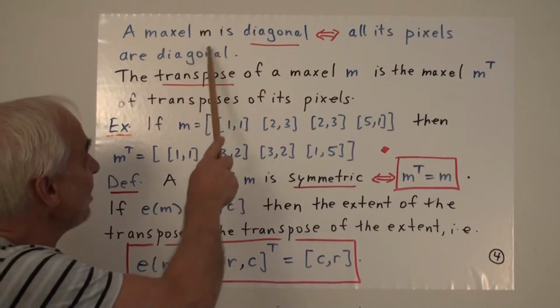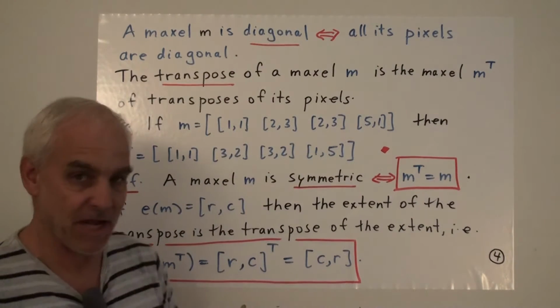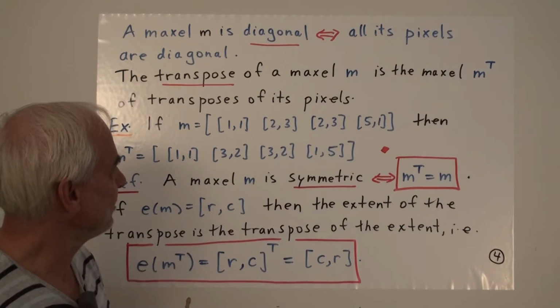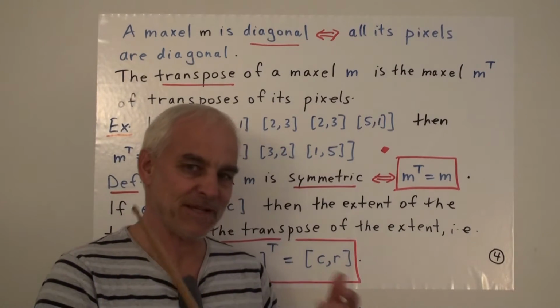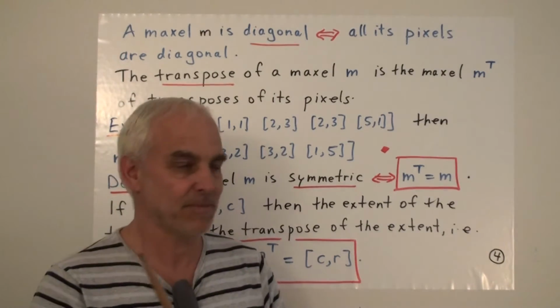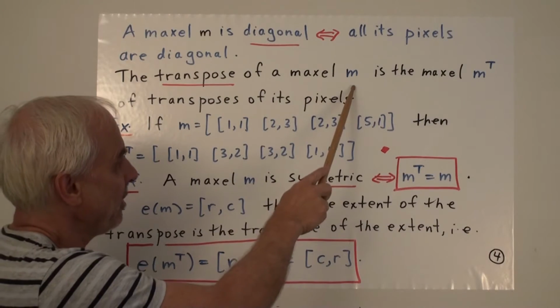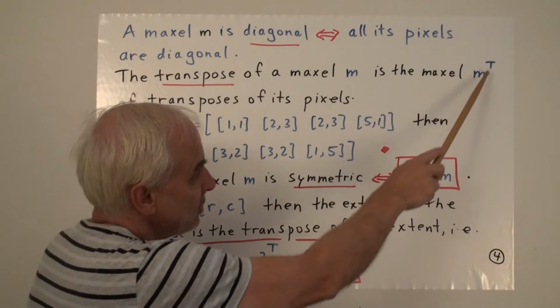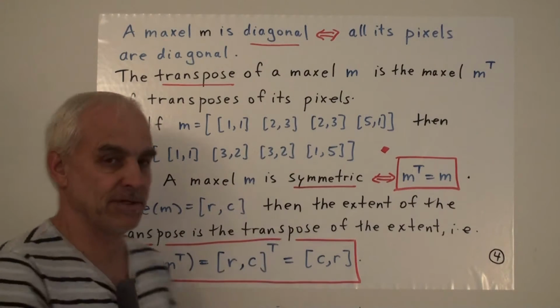We'll say that a Maxwell M is diagonal precisely when all of its pixels are diagonal. So it consists of pixels like 1, 1, or 4, 4, or 17, 17, and so on. The transpose of a Maxwell M is the Maxwell, denoted M to the T, of transposes of its pixels.